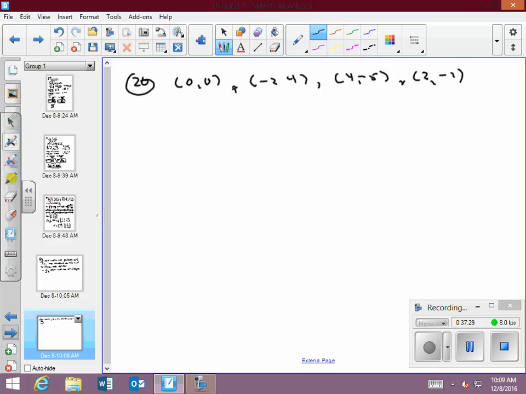Now, one of those vectors is 0, 0. So if you take the determinant of any two of those, minus 2, 4, 4, minus 5.